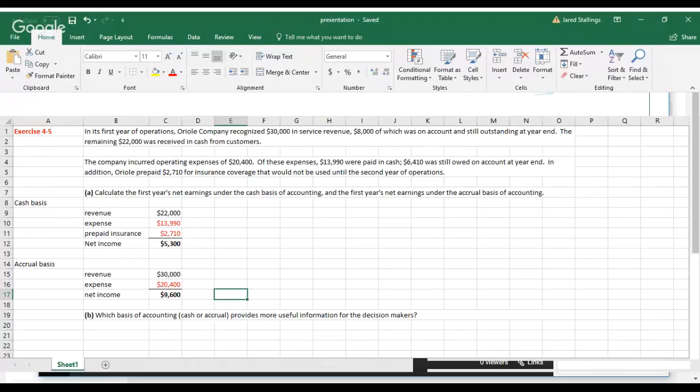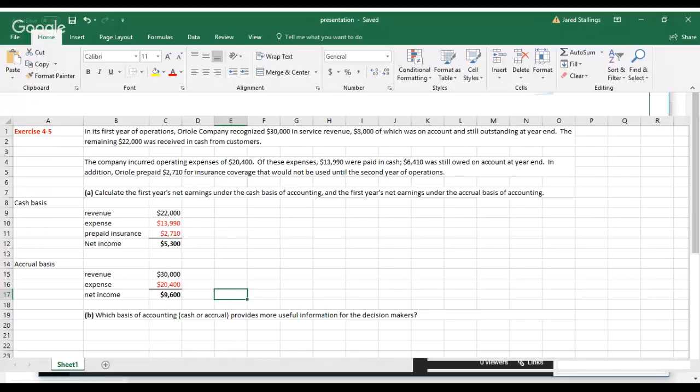The accrual basis says that we count services provided that we will receive income for. So this would be both accounts receivable and service revenue that would count as our income.